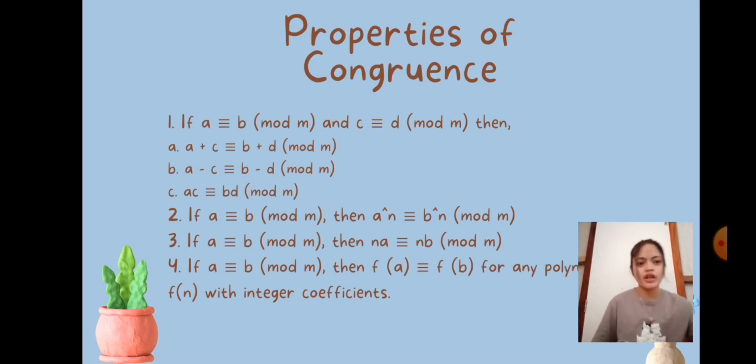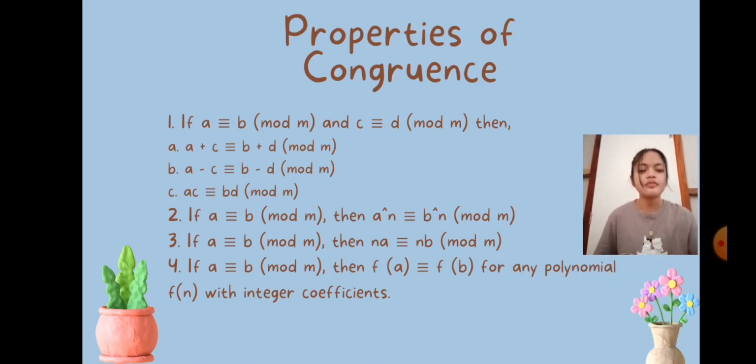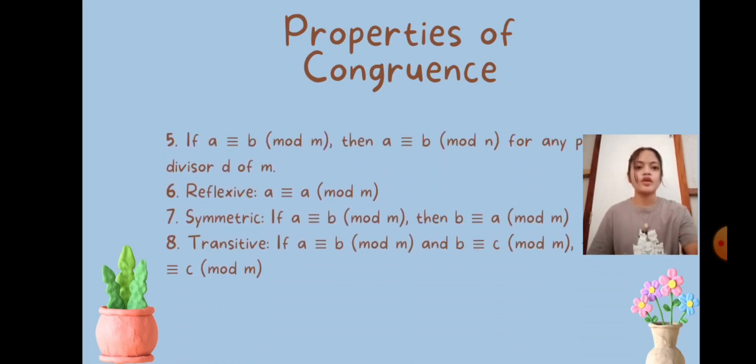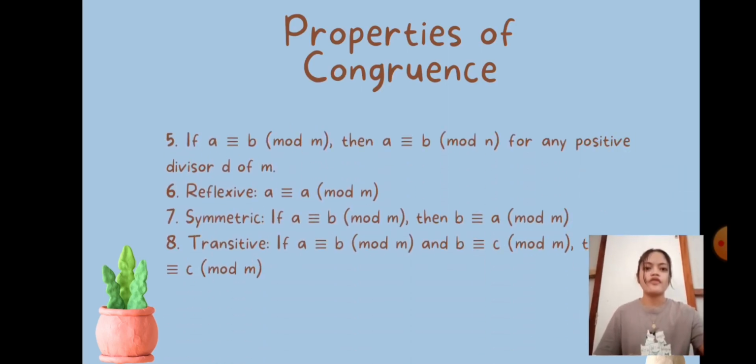Another property: if a is congruent to b mod m, then f(a) is congruent to f(b) for any polynomial f with integer coefficients. Also, if a is congruent to b mod m, then a is congruent to b mod d for any positive divisor d of m.